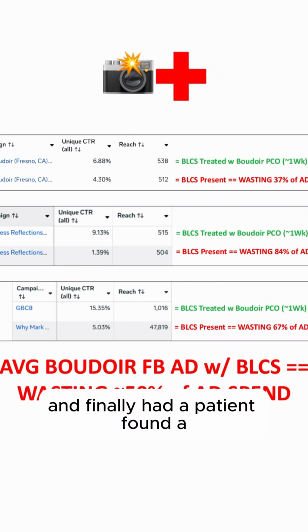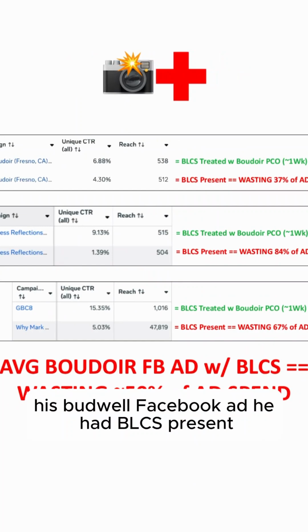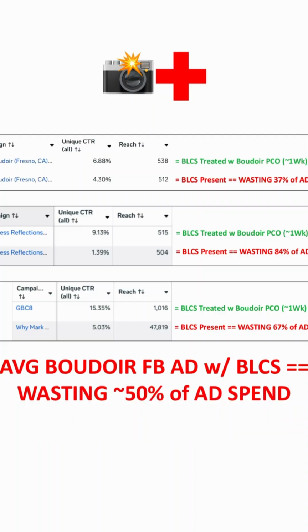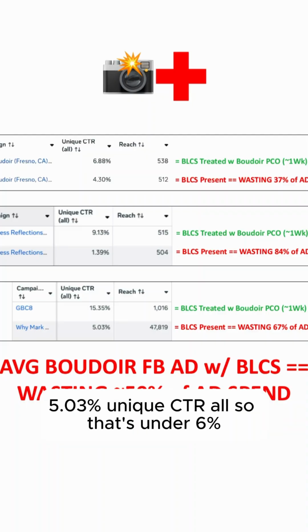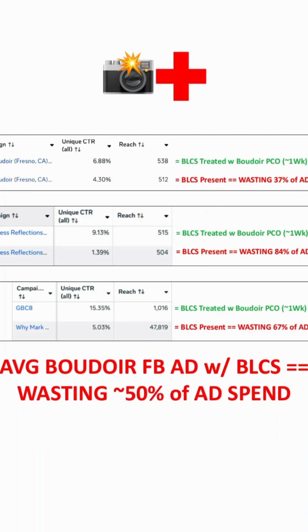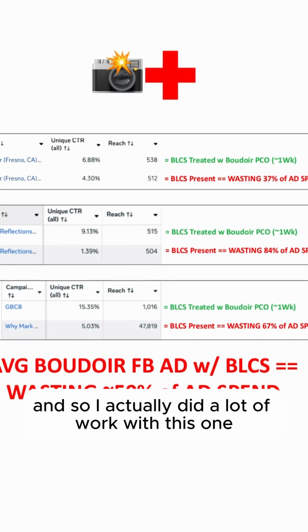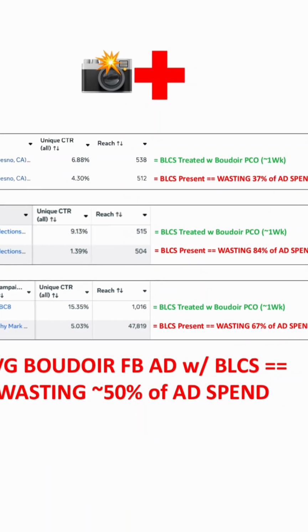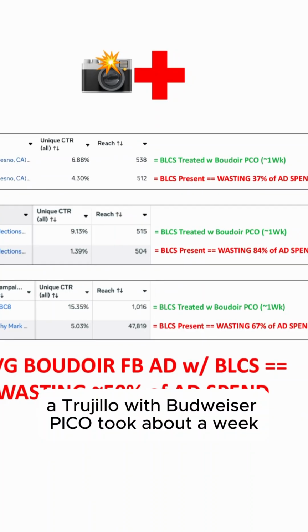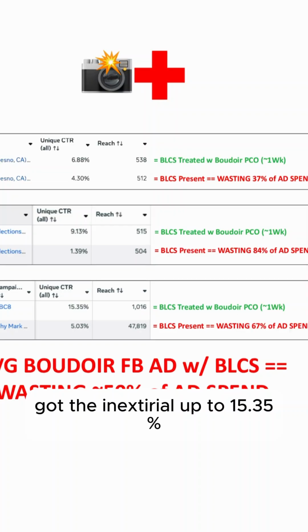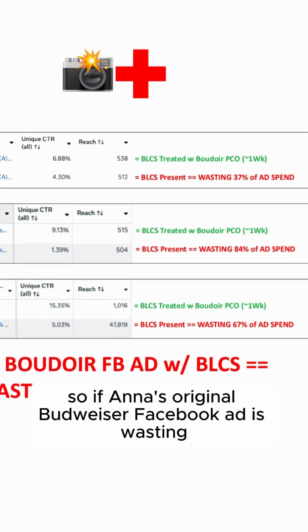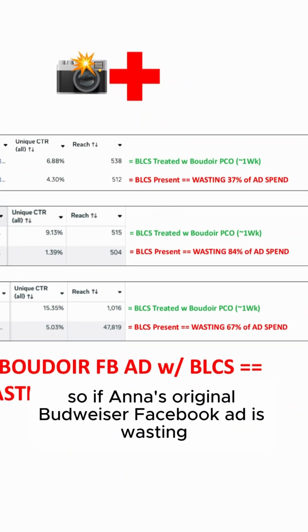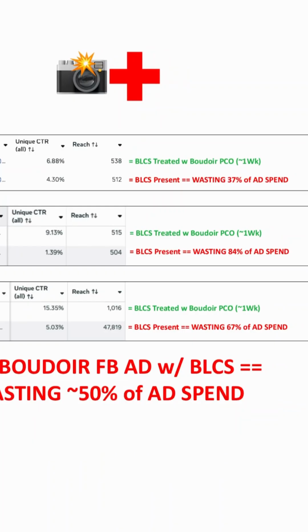And finally, I had a patient whose Boudoir Facebook ad had BLCS present, 5.03% unique CTR, so that's under 6%. That's Boudoir low click syndrome. I actually did a lot of work with this one. Treated with Boudoir Pico, it took about a week, and we got the unique CTR up to 15.35%. So we found out his original Boudoir Facebook ad is wasting 67% of his ad spend.